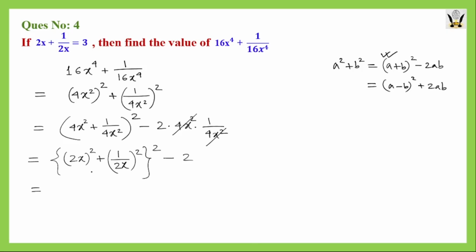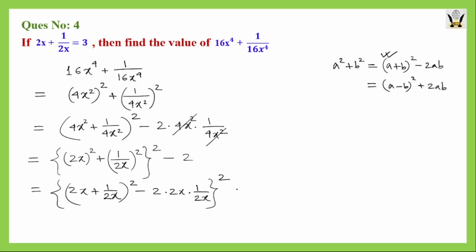Now again it is in the form of a square plus b square, and for that we will again use this first identity. So it will be 2x plus 1 by 2x, a plus b whole square, minus 2ab, and that itself was in the form of a plus b whole square.